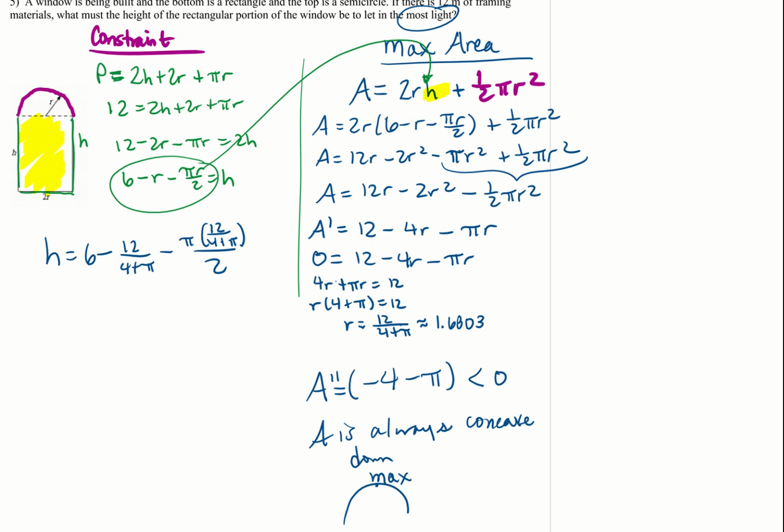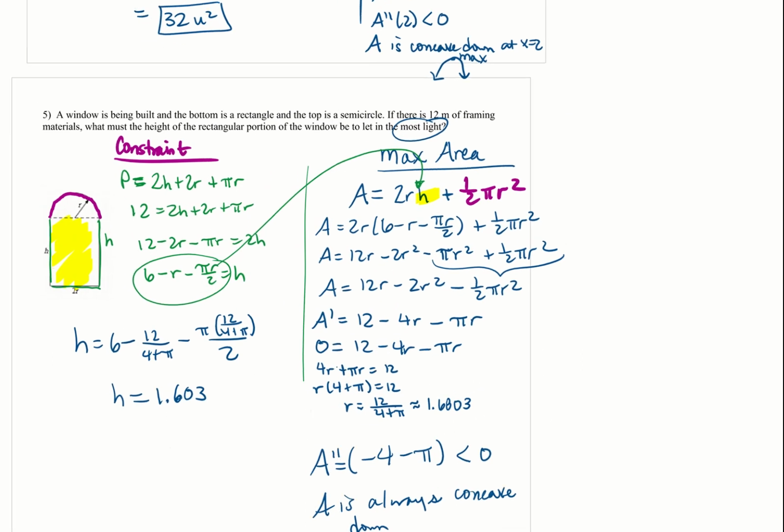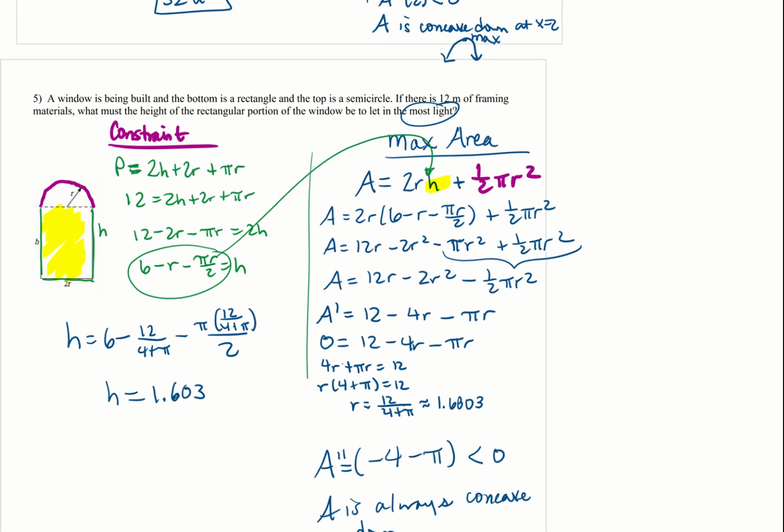And I am getting, oddly enough, the same answer for h as I did for 2r. So this must have to end up being a square in order to have the maximum area here on this one.